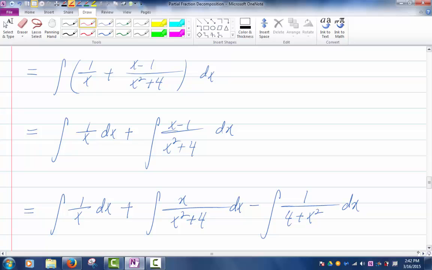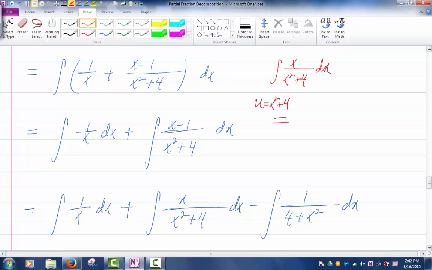Now, what are the integrals? Yeah, so if I look at the integral of x over x squared plus 4, notice the derivative of the denominator is 2x, which is almost in the numerator. So that tells you to take u to be x squared plus 4.